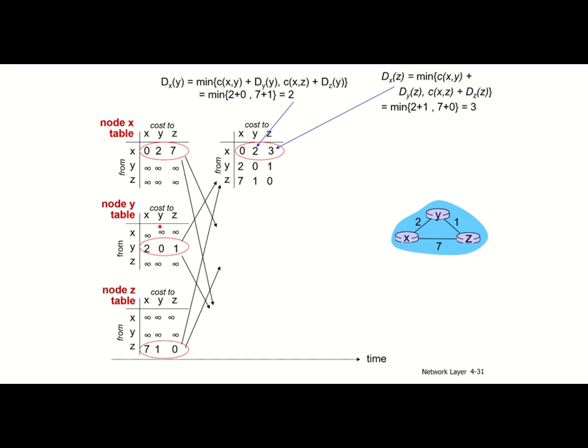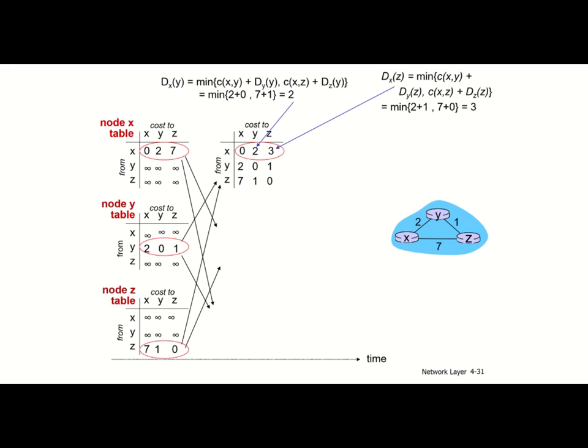It only knows its own distance vector, but it doesn't know the distance vector of the neighbors. So it assumes that they are all infinity, and same for node Z. This is the table that node Z stores.